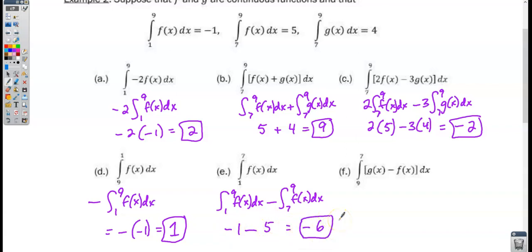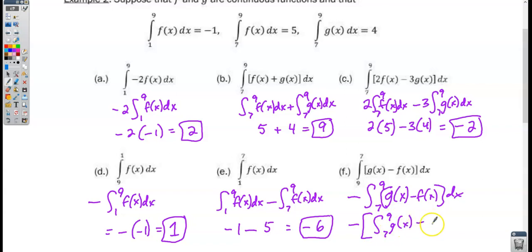And then the last one here, the integral from 9 to 7 of g of x minus f of x, that's going to be the opposite of the integral from 7 to 9 of g of x minus f of x, which is the opposite of the integral from 7 to 9 of g of x dx, oops, I need my dx in there, sorry about that, minus the integral from 7 to 9 of f of x dx.